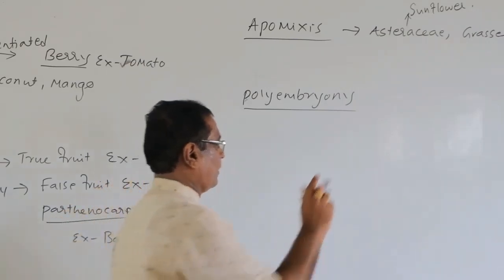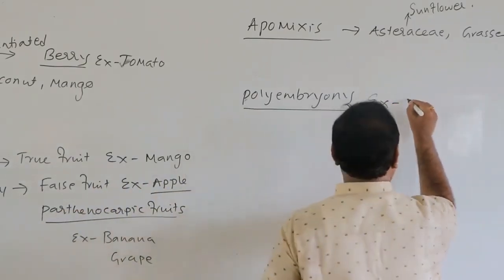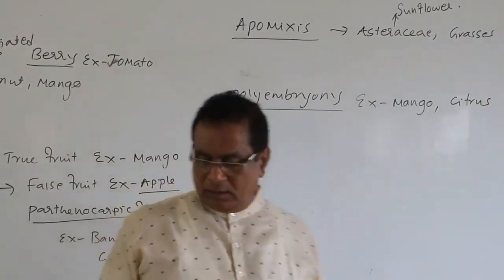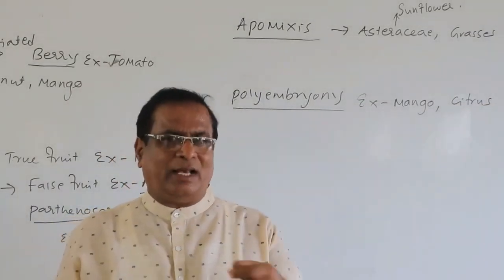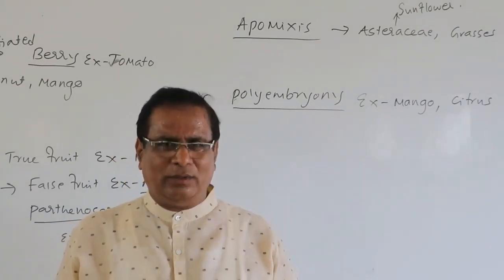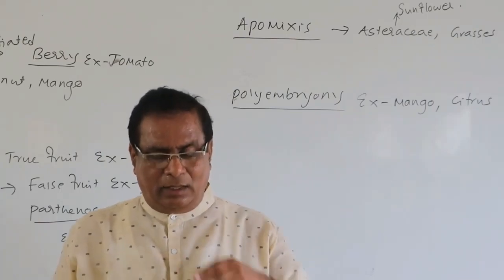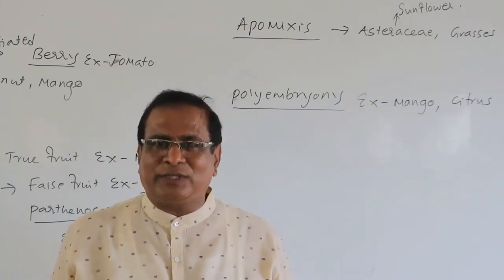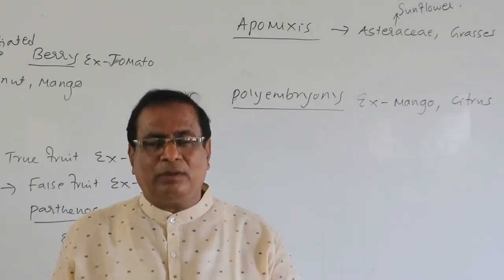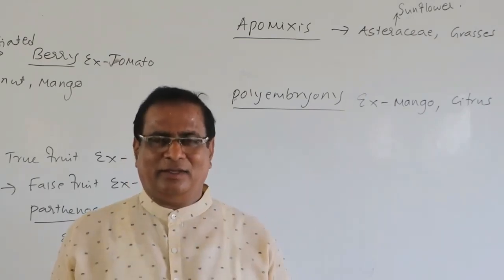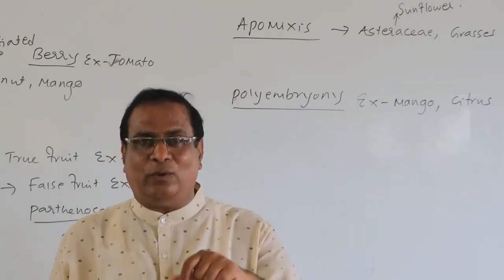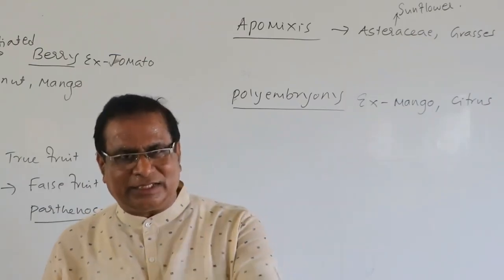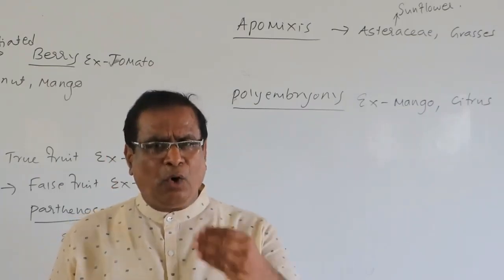In case of some species of mango and citrus, some nucellar cells, the nucellus that is there in the ovule, present by the side of the embryo sac get enlarged and become embryo sacs. So in such seeds, we find more than one embryo.